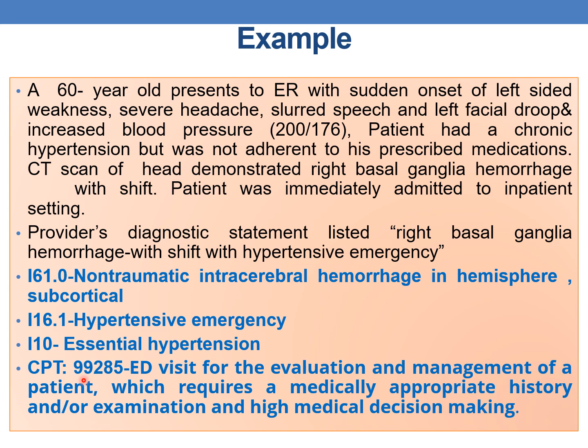And the CPT is 99285 because of high medical decision making. This is an ED visit for evaluation and management of a patient which requires a medically appropriate history and examination and high medical decision making, because the patient has been admitted from the ER into the inpatient setting.